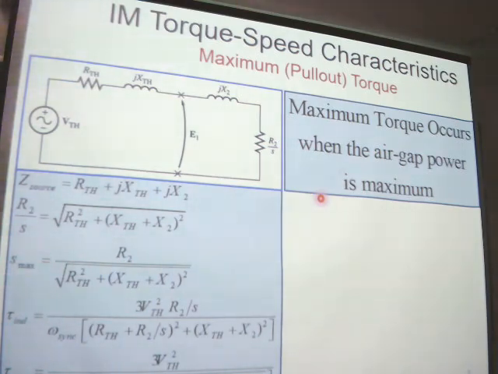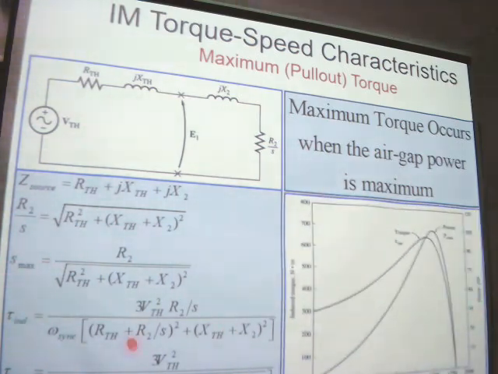These equations are similar to last week's, but some are different. Here we use VTH, the Thevenin equivalent circuit.